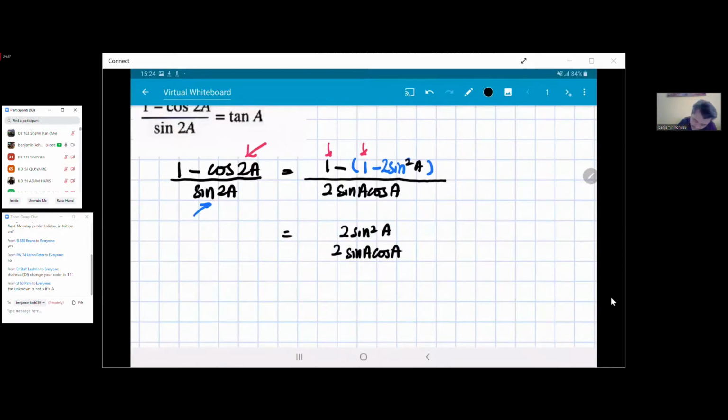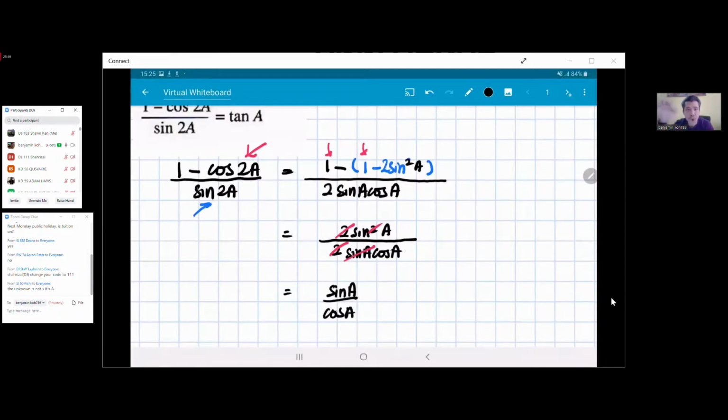As I said, the reason we chose formula number 3 is because we want the 1 to disappear. So when I choose the number 3 formula, 1 minus 1 becomes 0. Dah hilang. Then to continue, the 2 and 2 boleh potong atas bawah. Sine square means sine times sine, so if I cut away one sine from the bottom and one from the top, the balance will be sine A on top and cos A at the bottom.